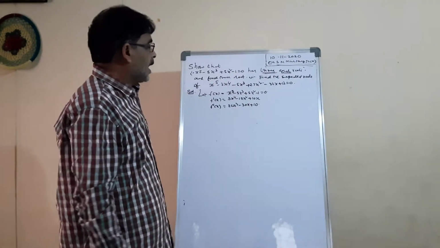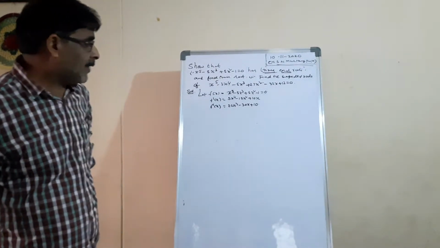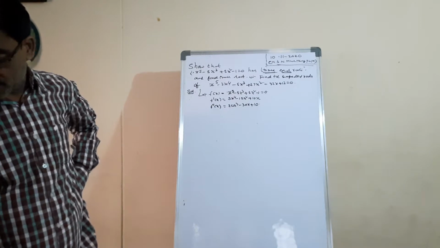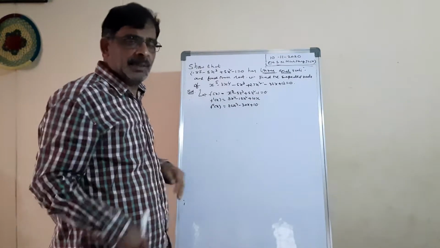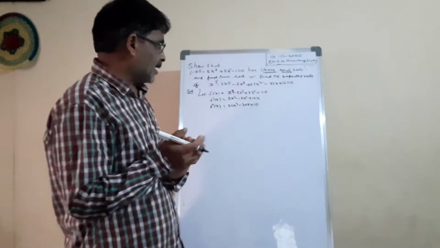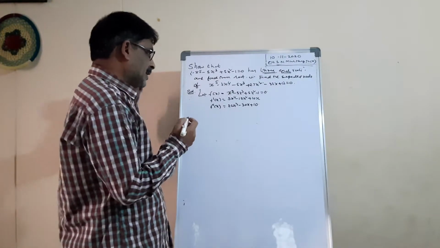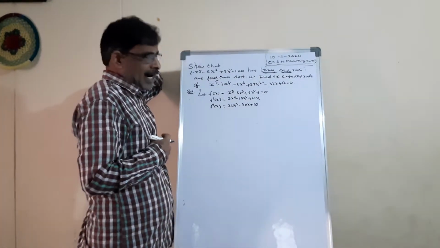See, from the given function f of x, we have the values f dash x, f double dash x. Again, like in the previous problem, you have to apply the trial and error method. We can easily say one is the root of this equation. How?